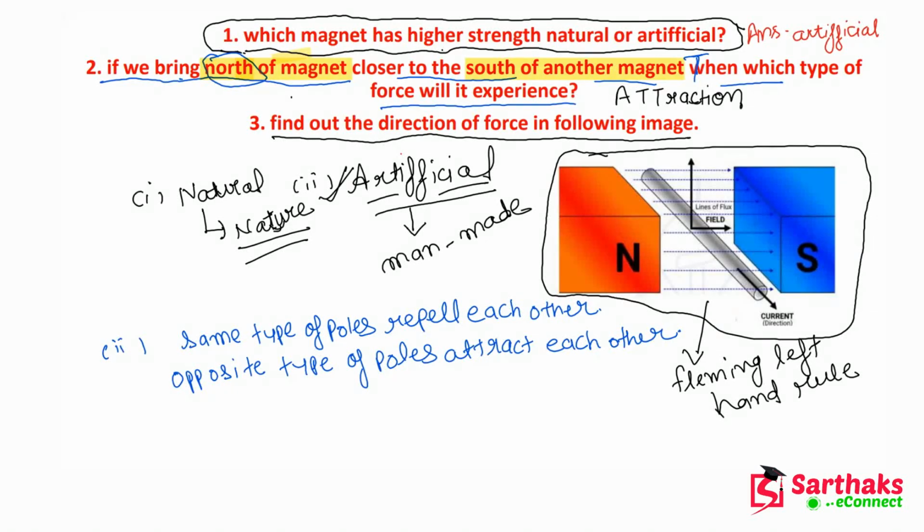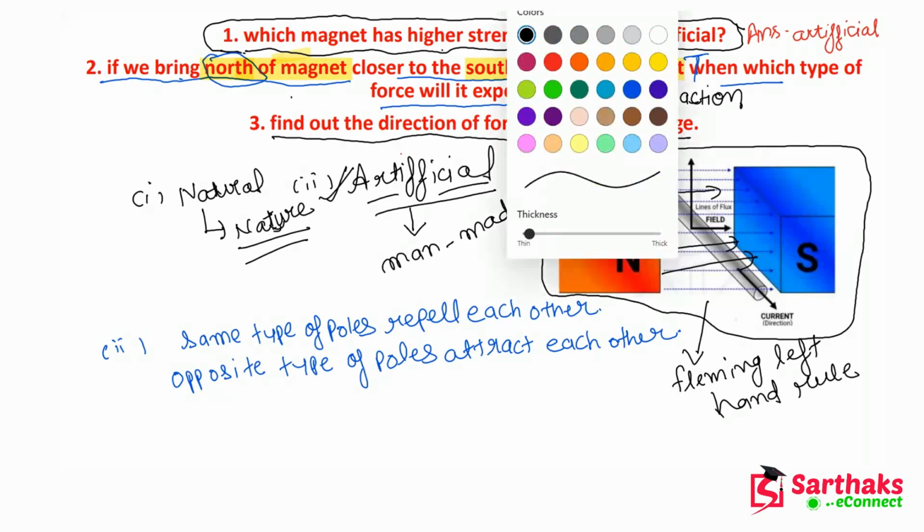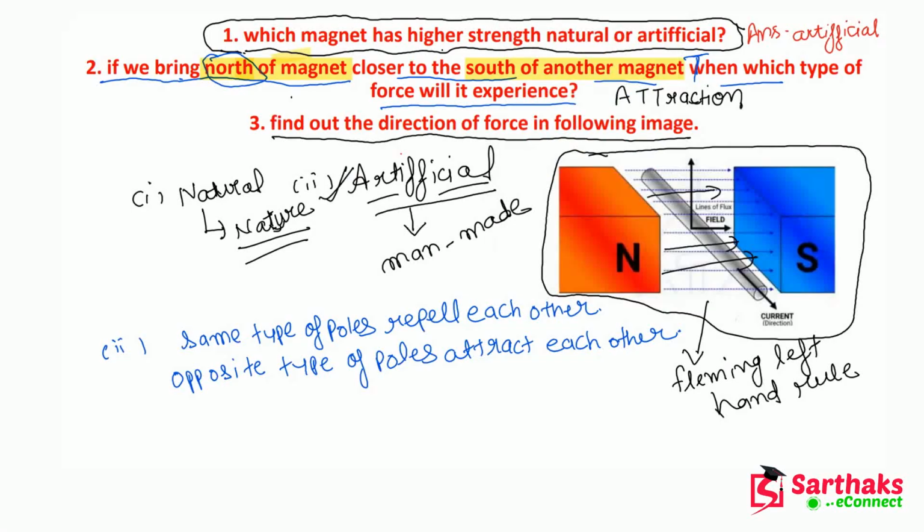We know that our index finger, our thumb and our middle finger should be mutually perpendicular to each other. So keep your fingers perpendicular to each other, and your index finger should indicate the direction of magnetic field. The magnetic field direction is from north to south, like this. And the direction of the current here is this.